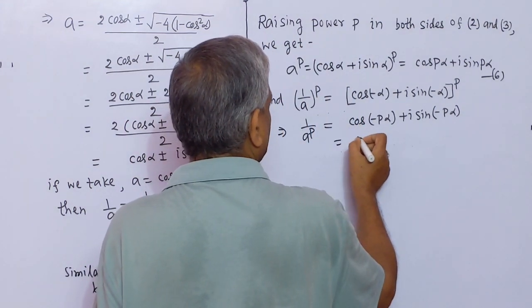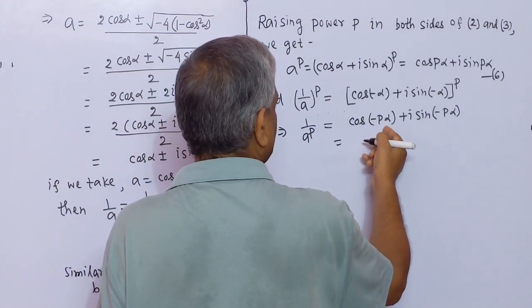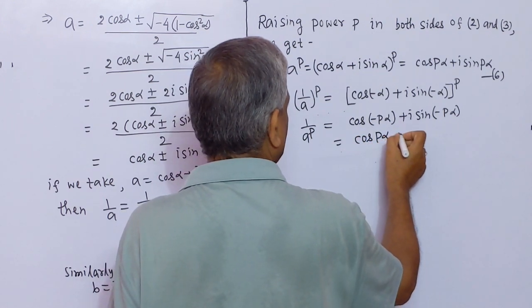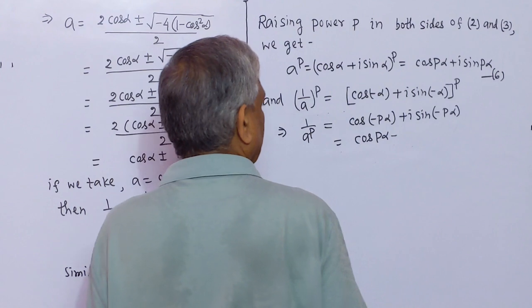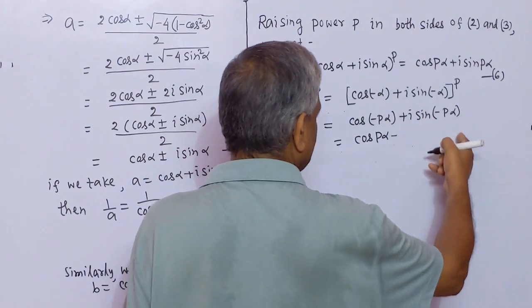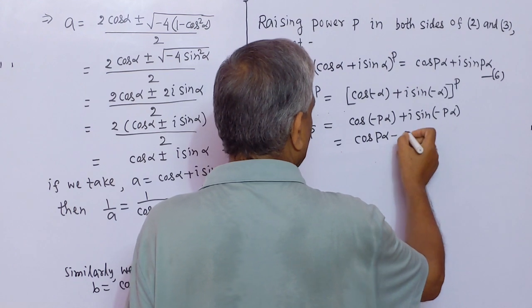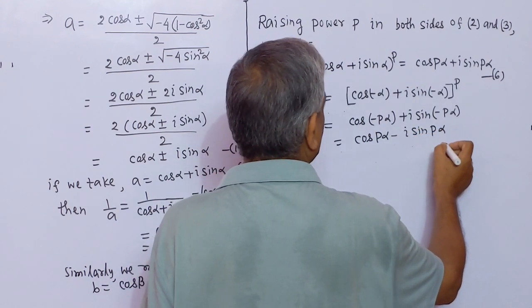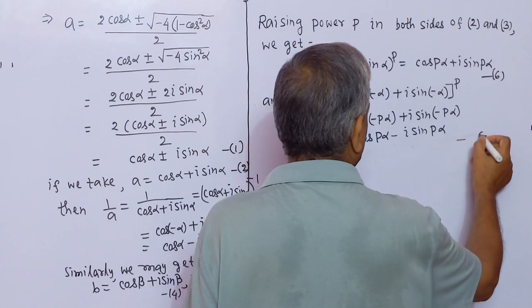Since cos minus theta equals cos theta and sin minus theta equals minus sin theta, this equals cos p alpha minus i sin p alpha. This is number 7.